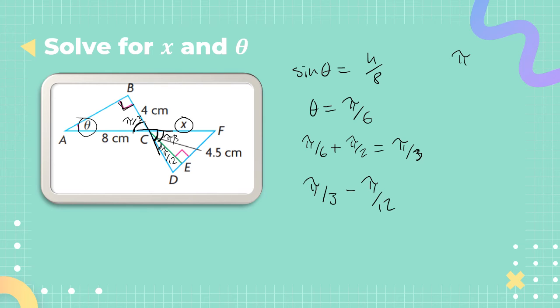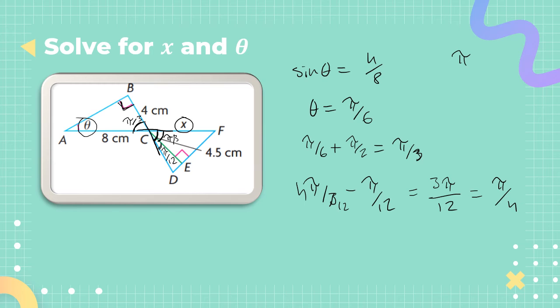Now we need to get the common factor, so this multiplied by 4 gives us 12, and this multiplied by 4 gives 4 pi minus pi, which gives us 3 pi over 12. We can simplify this further to give us pi over 4. And we know pi over 4 is 45 degrees. So this is 45 degrees over here.